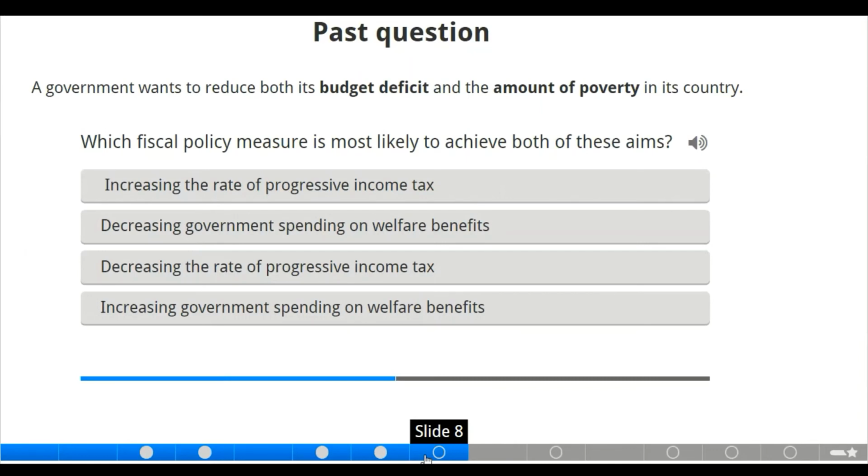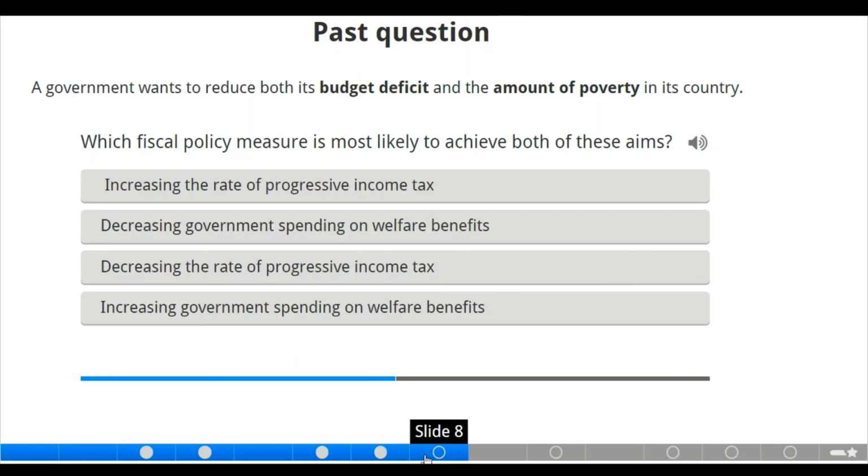Moving to the next slide, we also have one past question here. A government wants to reduce both its budget deficit, that is the expenditure over revenue, and the amount of poverty in its country. Which fiscal policy measure is most likely to achieve both aims? Don't forget, we have the fiscal policy measures to be what? Taxes and government spending.